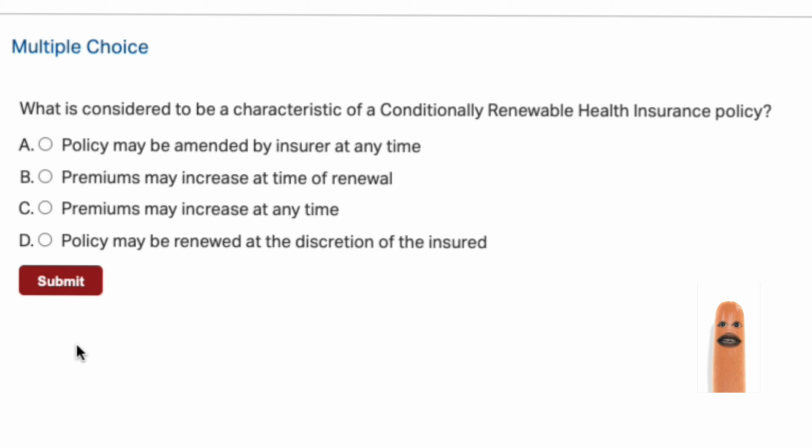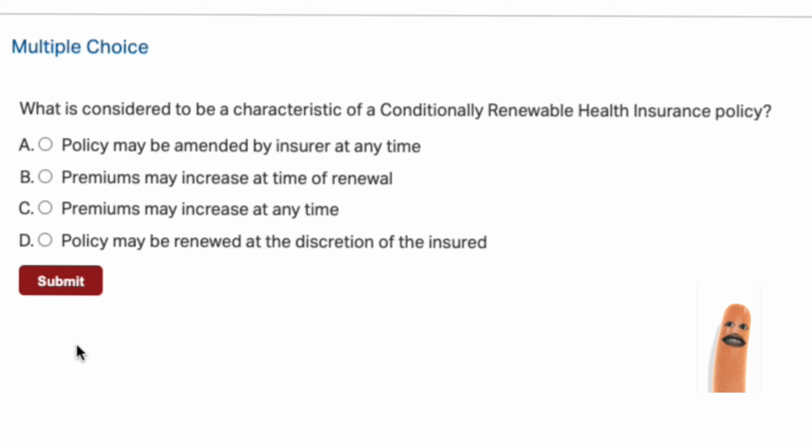Okay. It says, what is considered to be a characteristic of a conditionally renewable health insurance policy? Let's see. A, policies may be amended by insurer at any time. B, premiums may increase at time of renewal. C, premiums may increase at any time.